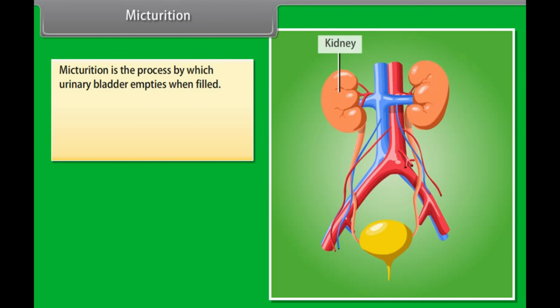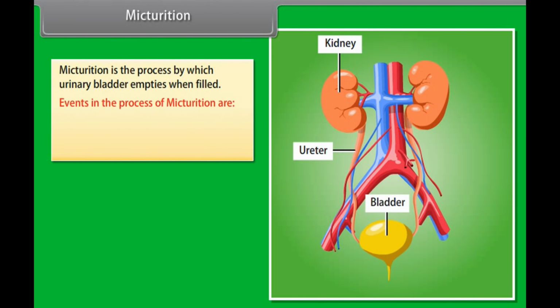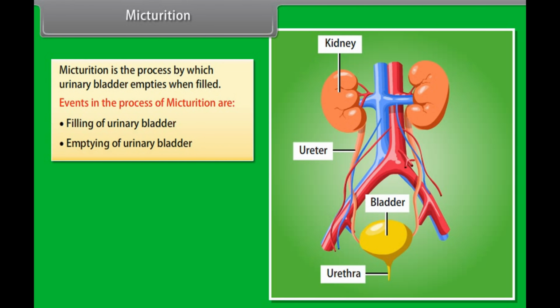Micturition. Micturition is the process by which the urinary bladder empties when filled. Events in the process of micturition are filling of the urinary bladder and emptying of the urinary bladder.